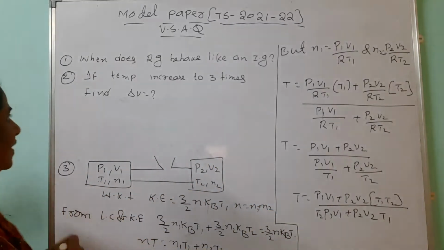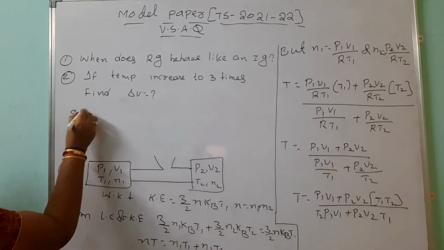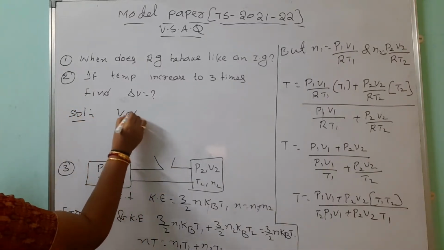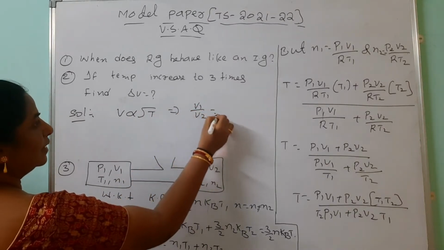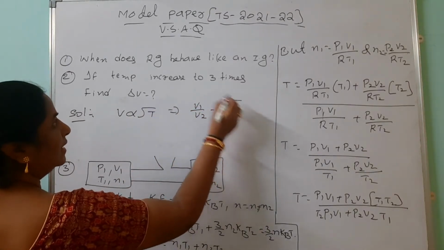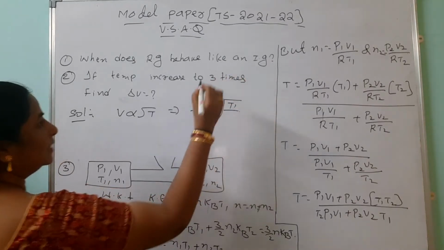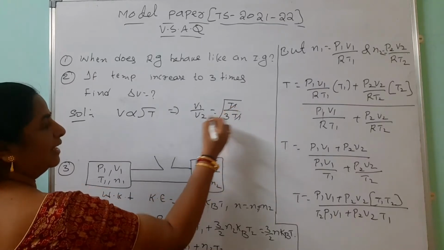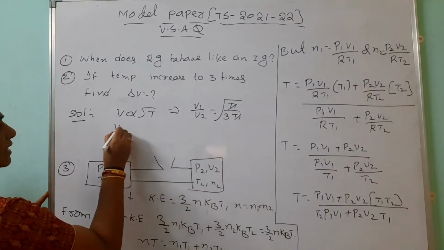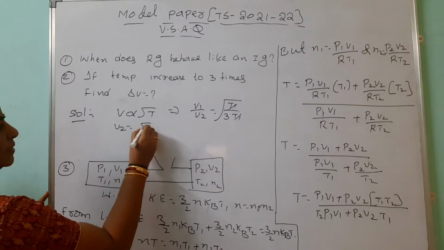We know that V is directly proportional to the square root of absolute temperature. Then V1 by V2 equals under root T1 by T2. Clearly the temperature is increased to 3 times, so instead of T2 we write 3T1. This cancels, so V2 equals root 3 times V1.